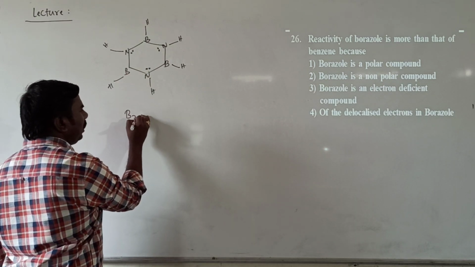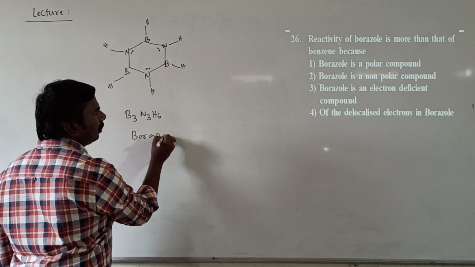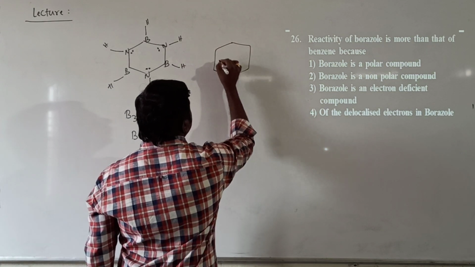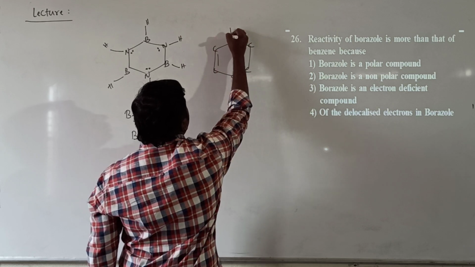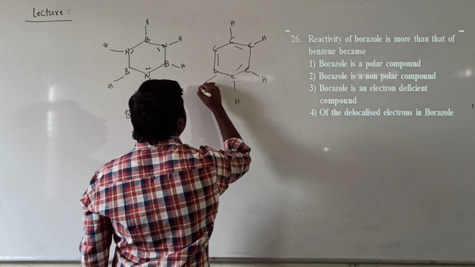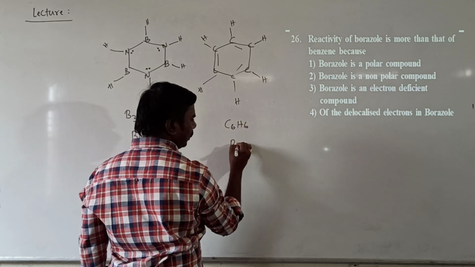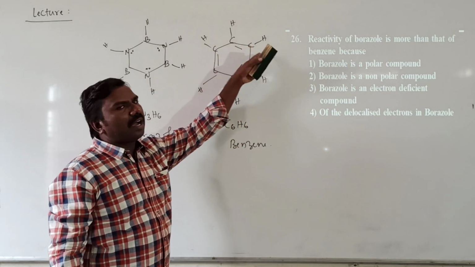It is B3N3H6, borazole. Benzene is like this, all carbon atoms, with one hydrogen on each carbon. It is C6H6.